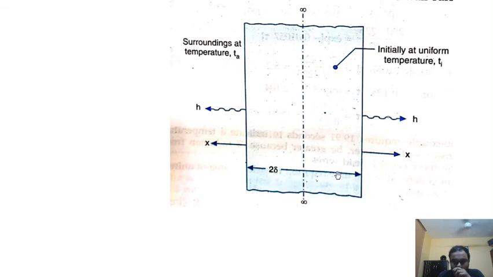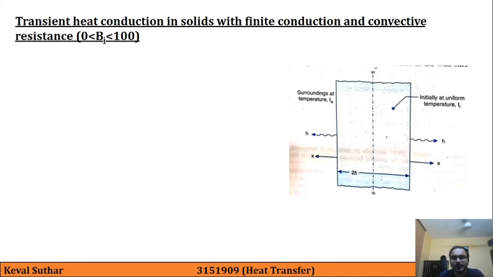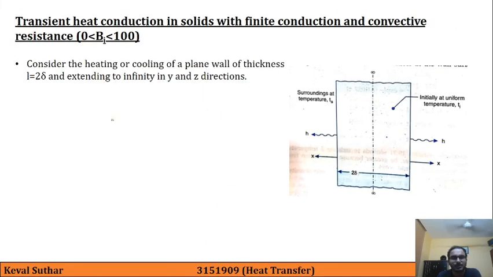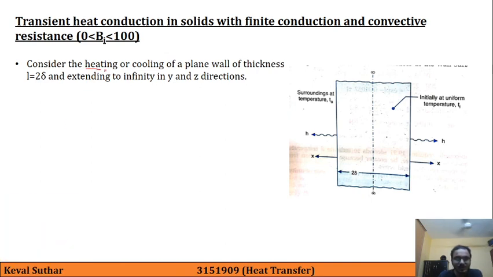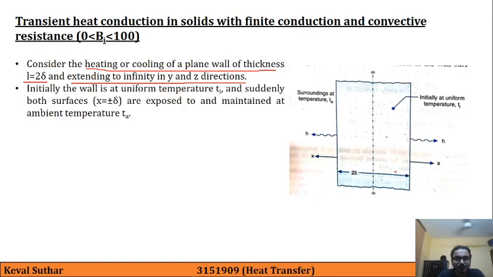The total thickness is 2 delta, and the length is infinite in other directions. So consider the heating or cooling of a plane wall of thickness 2 delta, extending to infinity in y and z direction. So only finite length is observed in x direction here.